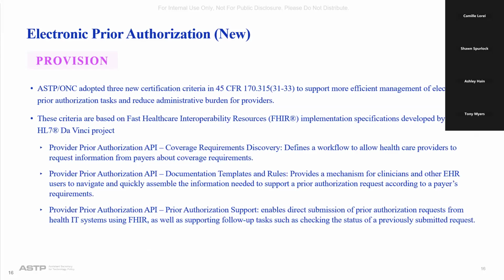And those standards are the FHIR implementation guides that have been developed and authored by HL7's Da Vinci project. Specifically, we've got provider prior authorization API, coverage requirements discovery, a criterion focused on documentation templates and rules, and a criterion on prior authorization support.